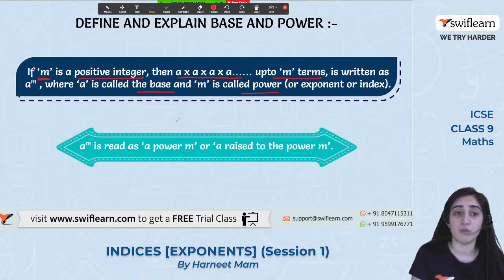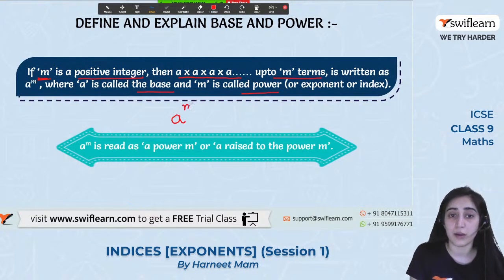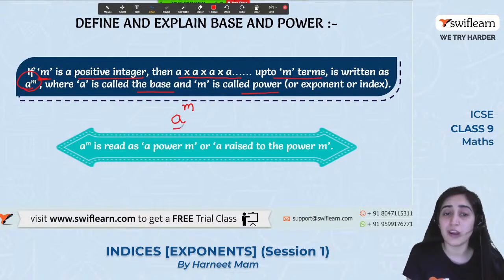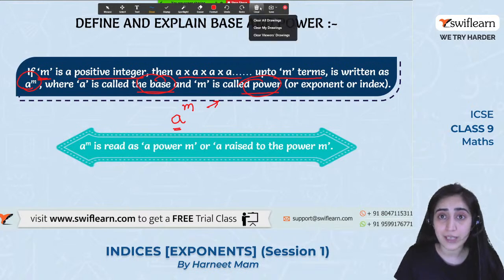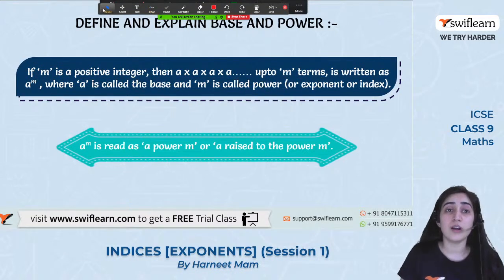By saying this, we want to say that it's a raised to the power of m. Can you see this? It's written as a raised to the power m, where a is the base, right, and m is the power or the exponent or the index that we are talking about.